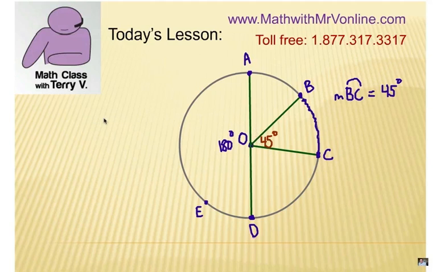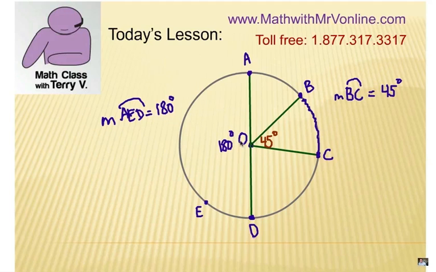And that tells me also that the major arc is a semicircle. Major arcs are named with 3 letters, so we'll call it A, E, D, and put our arc symbol over the top, and that would be 180 degrees also.